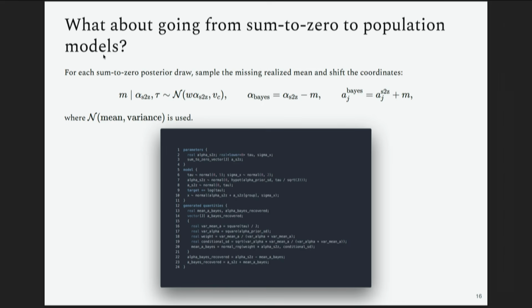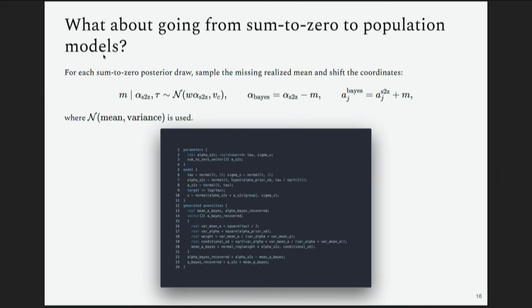All right, so for each of them, we can sample this realized mean and shift the coordinates. And there's quite a bit of stuff going on here. And you can see in generated quantities kind of what happens. Now, I think the most interesting thing here is if you look at line 20 in the code, you'll see we have normal underscore RNG. All right, so what are we doing here?